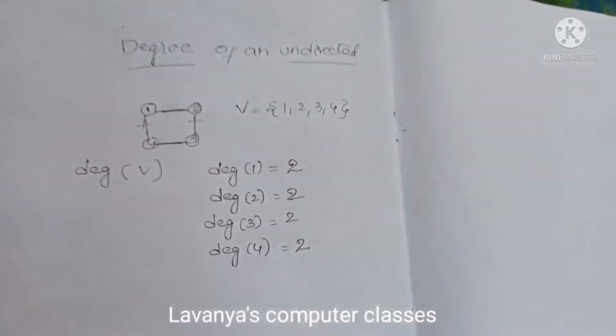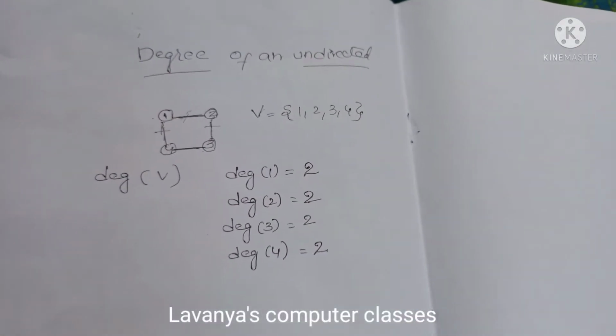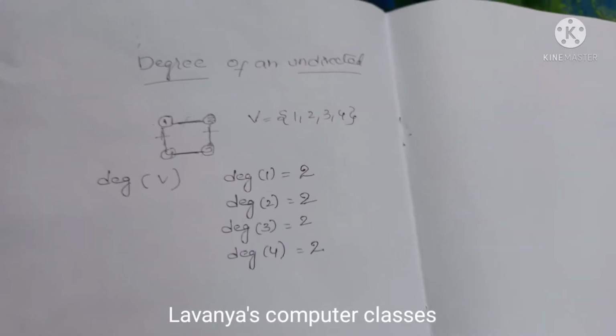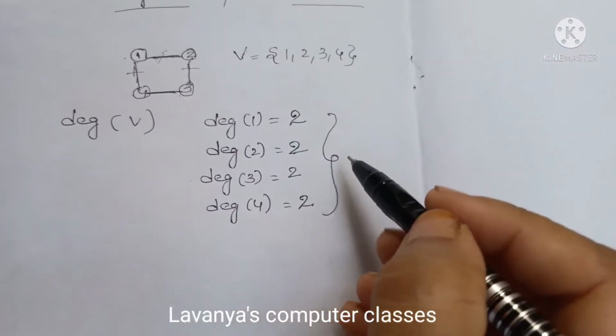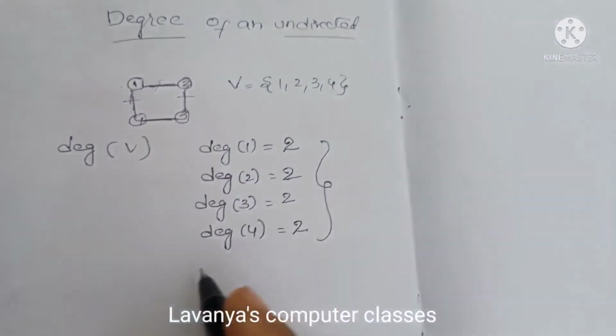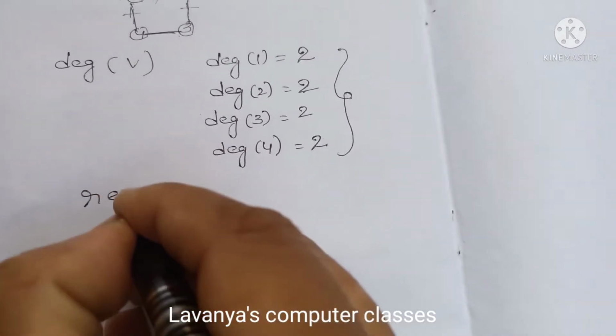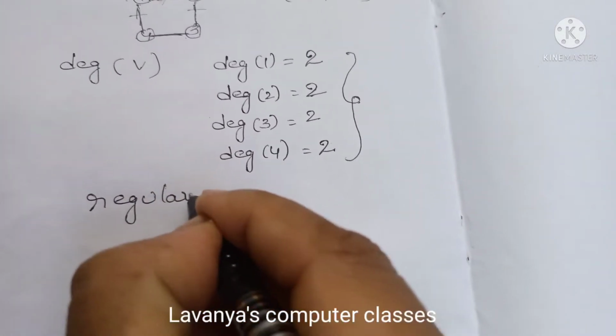Like this we can calculate the degree of vertices. In this example, all vertices have the same degree. That is why it is called a regular graph.